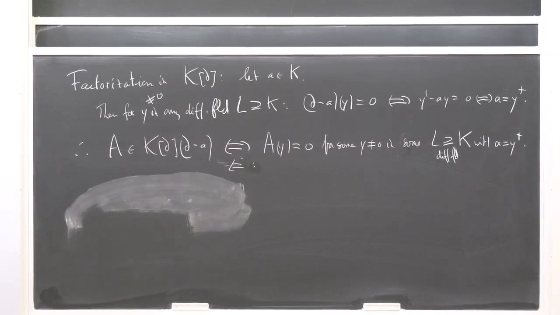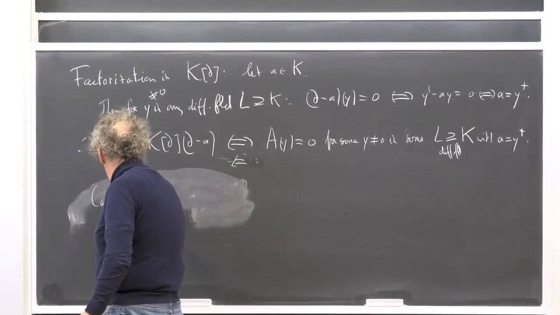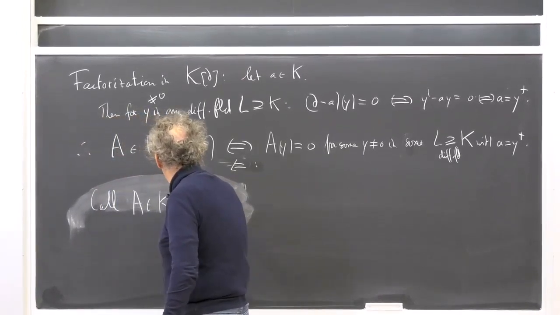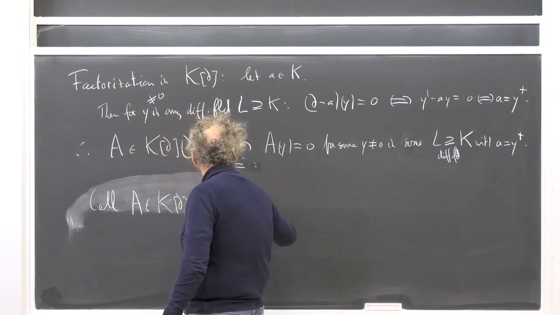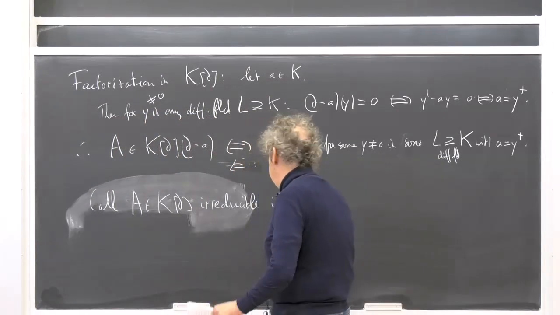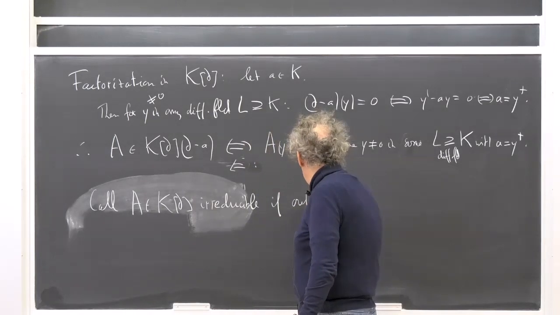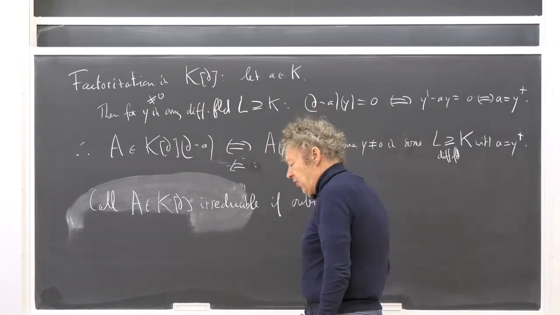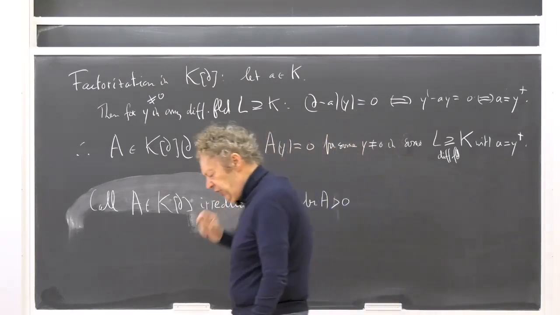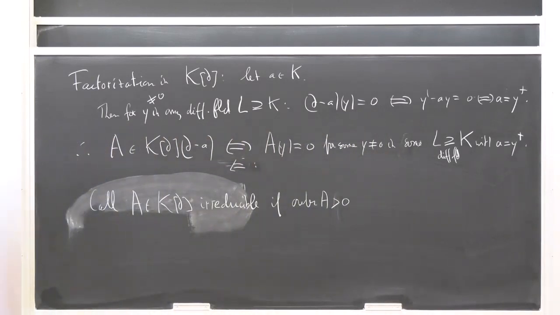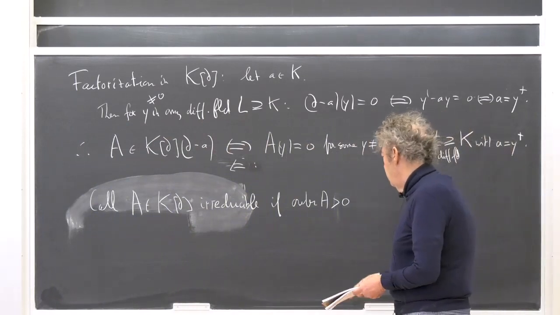And of course, we also have the notion of irreducibility. We call an operator A in K delta irreducible, like with polynomials, if first of all the order should be positive. Order 0 means simply that A is a non-zero element of K itself, and those are simply units and we don't want to consider those as irreducible.